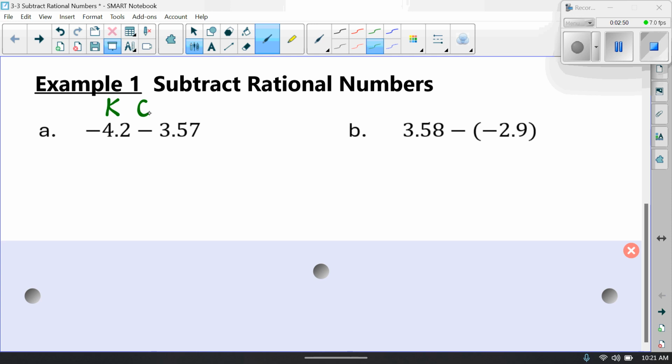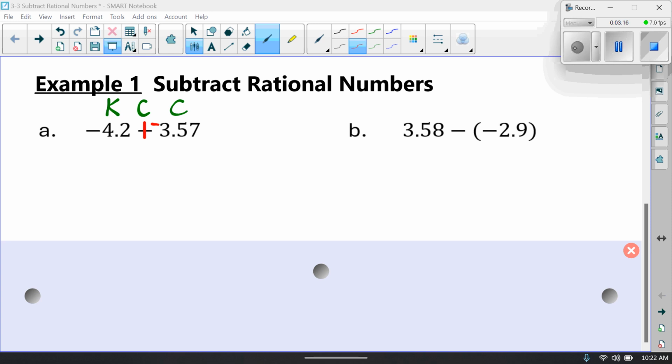The subtraction becomes addition. And the second number becomes a negative. So here we have a negative plus a negative, so you're going to have a negative. And then what do I do with the numbers? Then you add them. Is everybody clear?